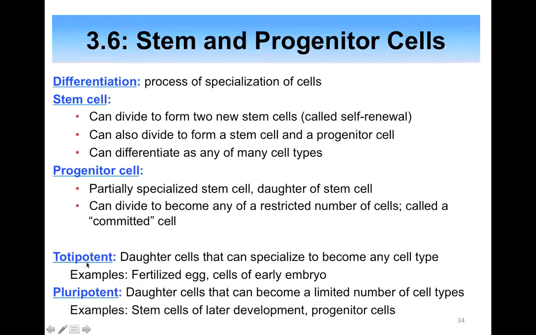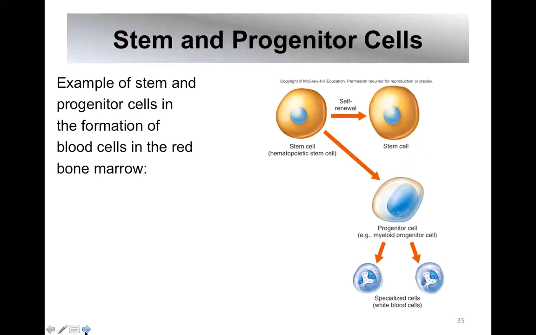So the totipotent cell comes first, and the pluripotent cells come from that. This is an example of a stem cell dividing into another stem cell, and the other daughter cell is a progenitor cell, the myeloid progenitor cell, which becomes some of the white blood cells.